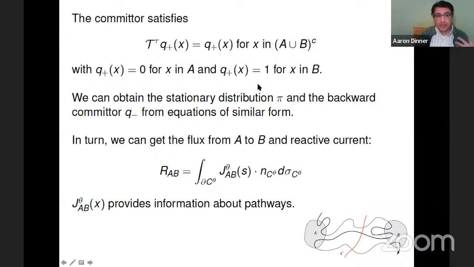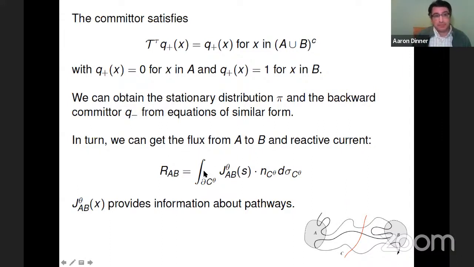Okay. I could write down similar kinds of equations for other kinetic statistics that I might want. The so-called backward committer, so that's the probability that I last came from the reactant, and actually the stationary distribution, so the potential of mean force in effect. If we have those three statistics, then we can actually compute the flux from the reactant to the product.